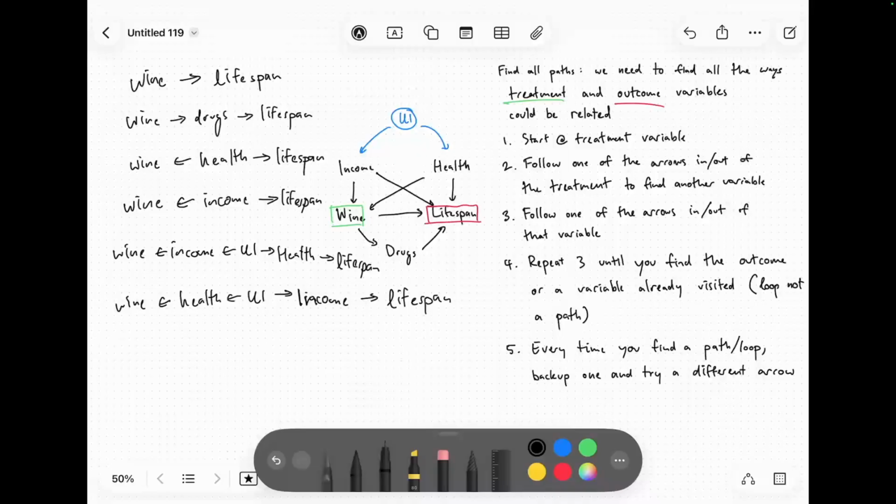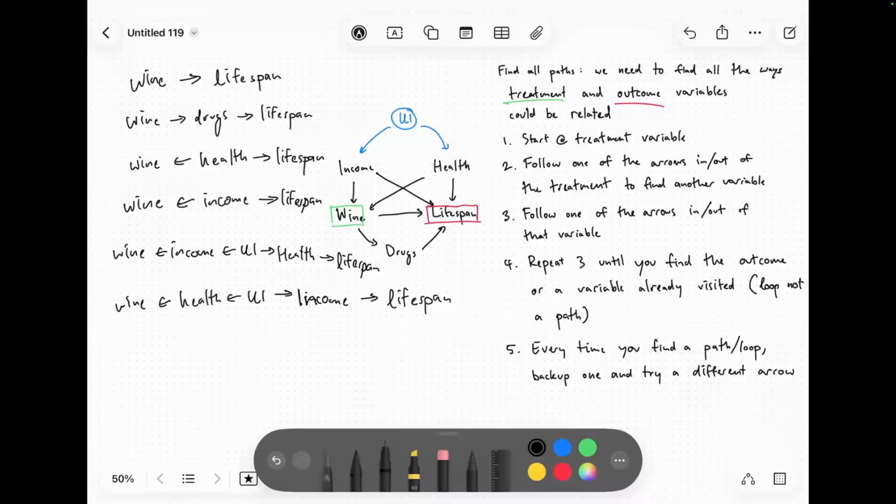So these are all the paths that you can derive from this diagram where we're starting at our treatment and ending at our outcome. All of these paths represent essentially a plausible story, right? And so if I wanted to specifically identify the effect of wine on lifespan, I have to close all of my other paths.